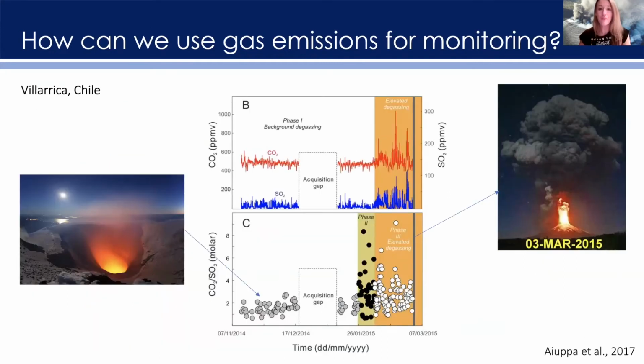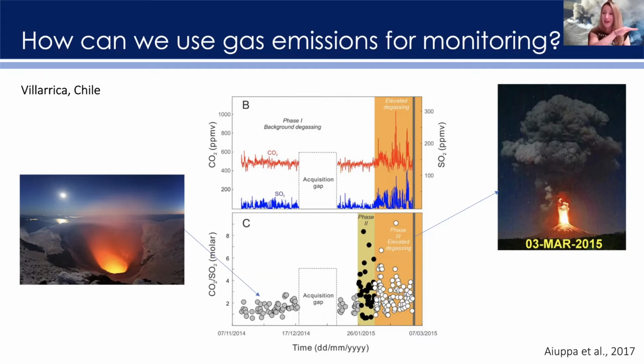So this is an example from Villarrica in Chile. Its background activity is a very passive lava lake, just like we saw at Messiah. But then in 2015, it had this very explosive eruption. We call this a paroxysmal eruption. And we actually saw this coming in the gas data several weeks ahead of time. Very fortuitously, a permanent monitoring station for gas had been installed about 3 months prior to the start of this eruption.